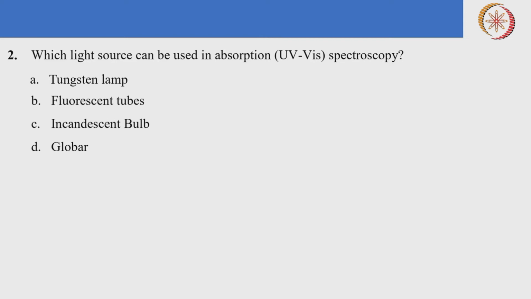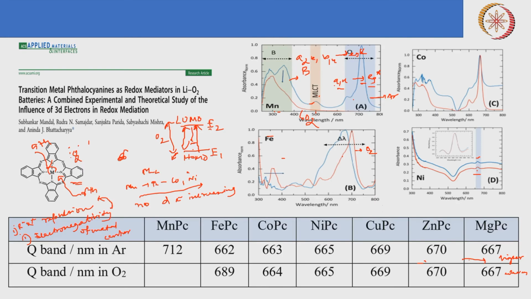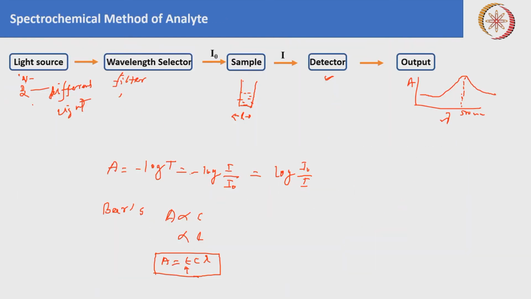Okay, Bhanu Prasad, fluorescent tubes. Okay, Anjali Prasad, tungsten lamp. Okay, so we also discussed here that we can use tungsten, W tungsten, and deuterium lamp.